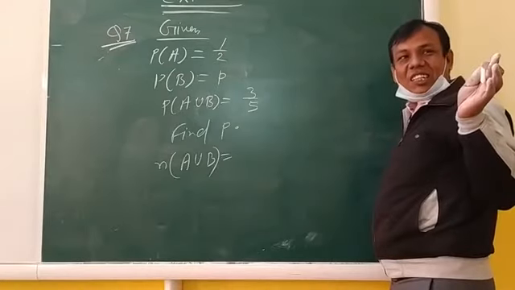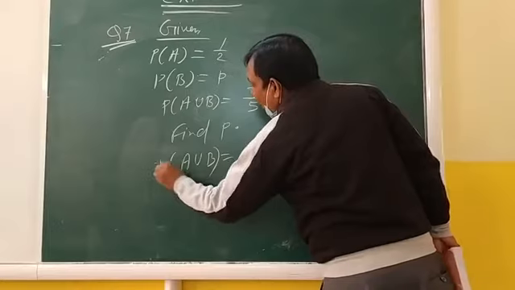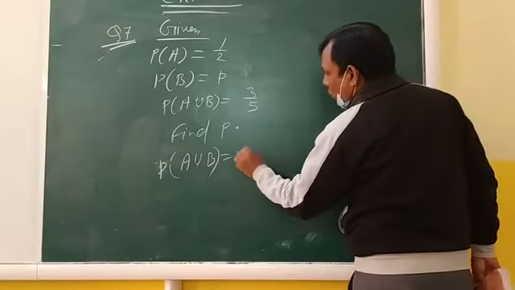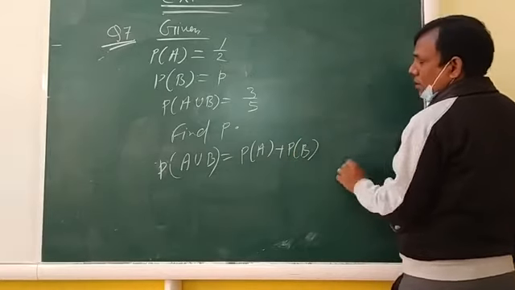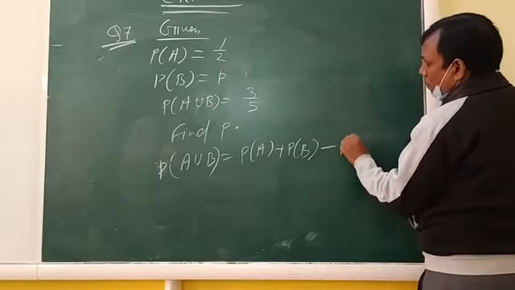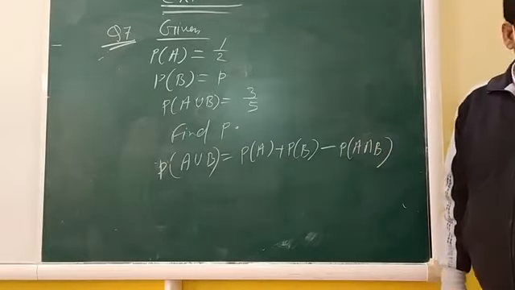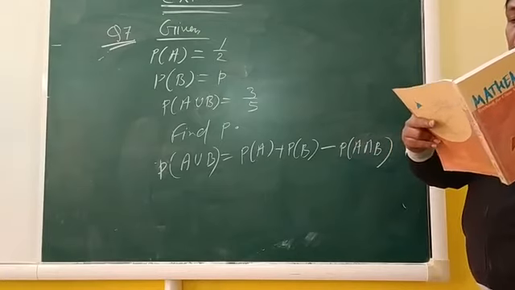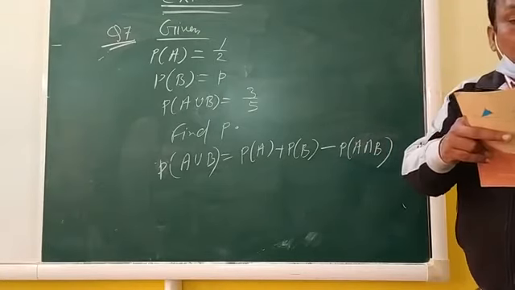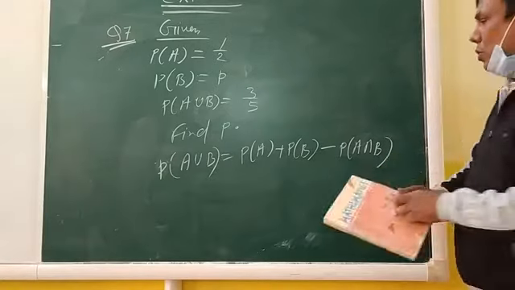In sets, n(A) plus n(B) minus n(A intersection B). Similarly, P(A union B) equal to P(A) plus P(B) minus P(A intersection B). Got it? Now see the condition. The condition is, find p if they are mutually exclusive.